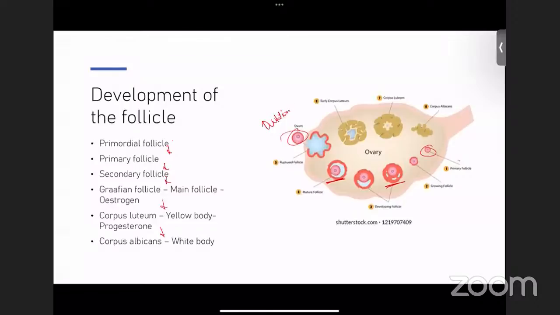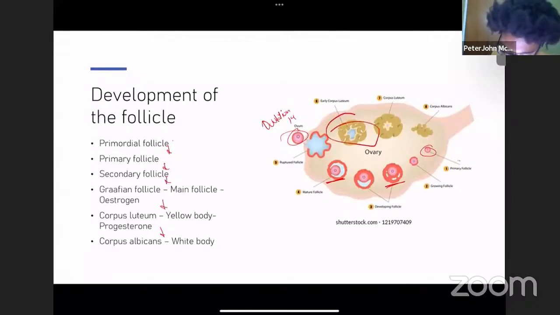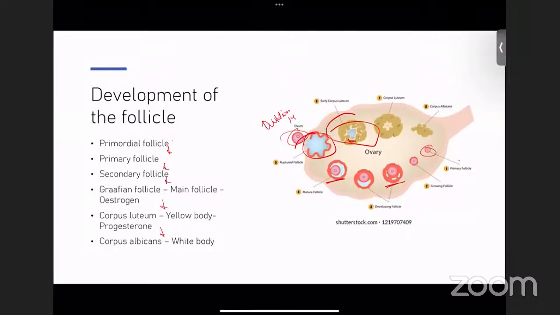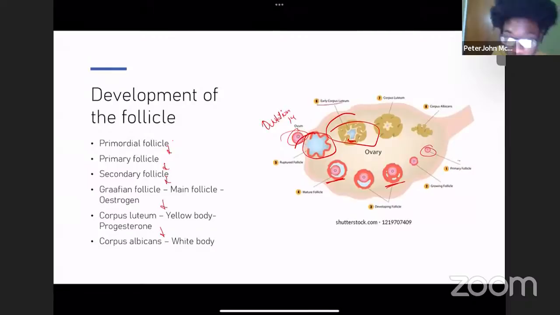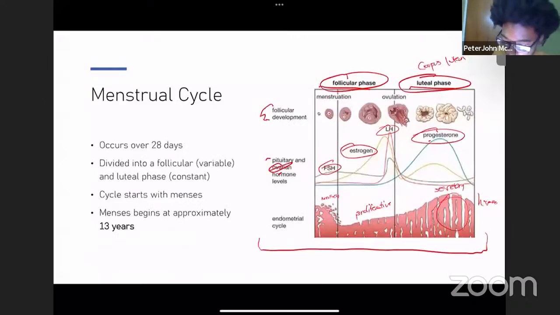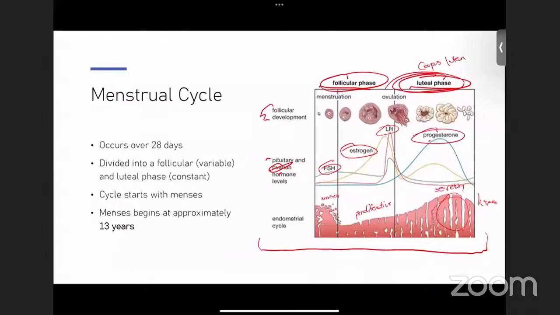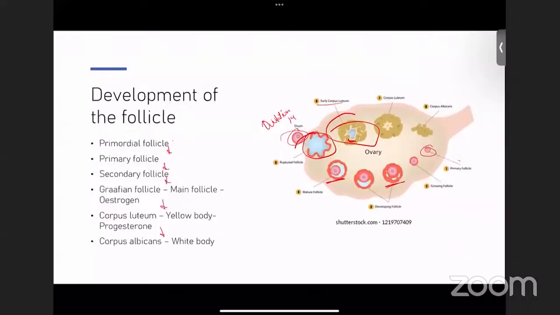What day does this occur? Approximately day 14. What is this left over called? The corpus luteum. And if we remember a phase name, what was this phase called? Luteal phase. Why is it called the luteal phase?